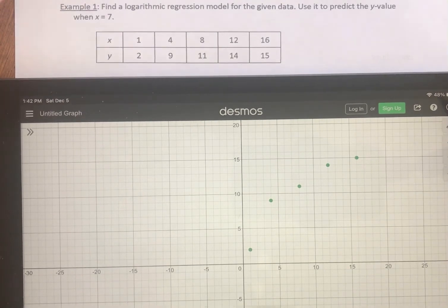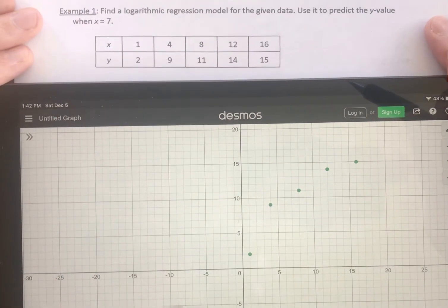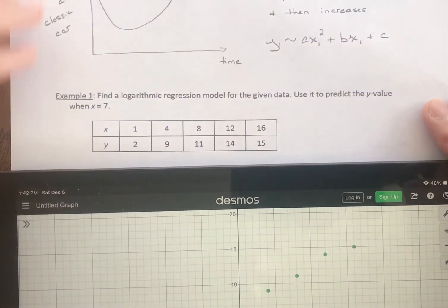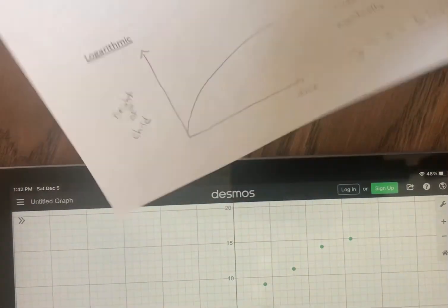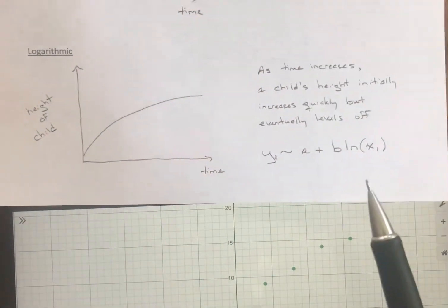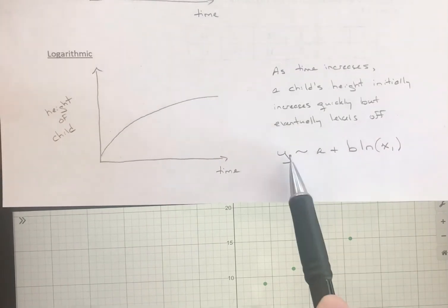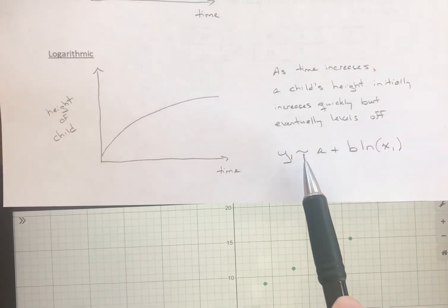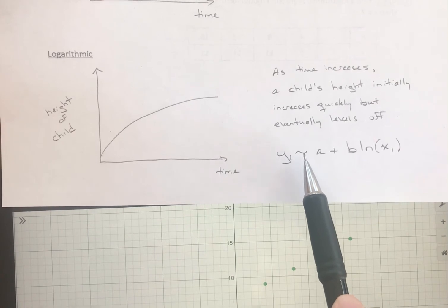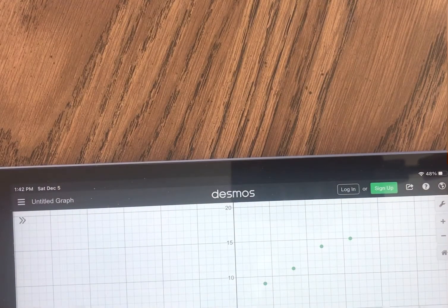So I come back into here, and we want to use our logarithmic equation here, our logarithmic Desmos with the tilde, because we want it to give us the best fit curve, the best fit logarithmic curve to fit this data.